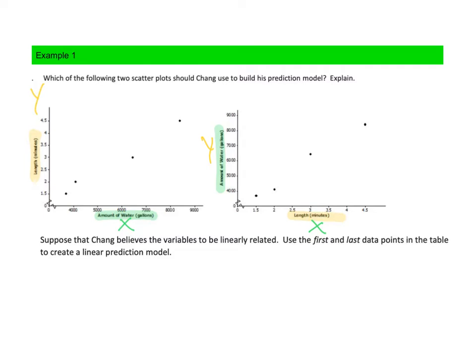Okay, so in the last slide we identified that our x value, our independent variable, was length of time, which matches this one right here. And we also identified that our y variable, our dependent variable, was amount of water. So the correct graph is the second graph. This scatter plot is correct because the dependent variable and independent variable are in the correct spaces.